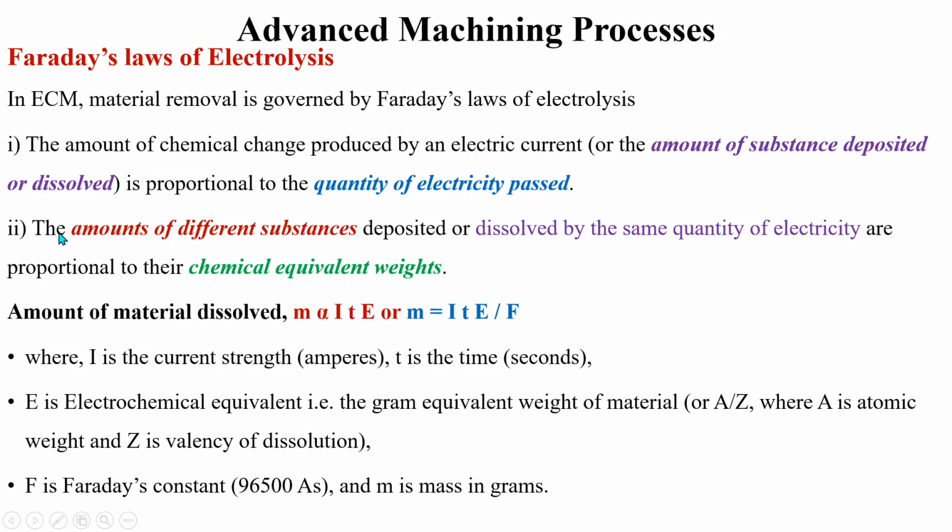And the second law states that the amount of different substances deposited or dissolved by the same quantity of electricity is proportional to their electrochemical equivalent weight. You know that in a pure metal only one element is present, whereas in an alloy there may be two or more elements present.